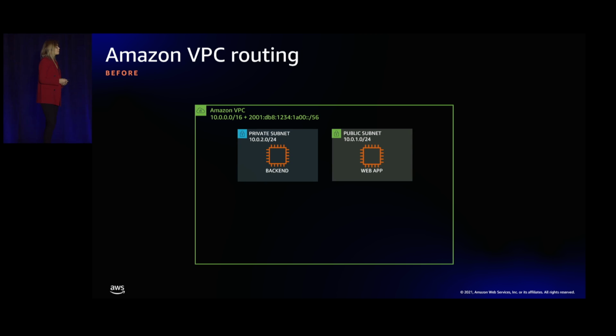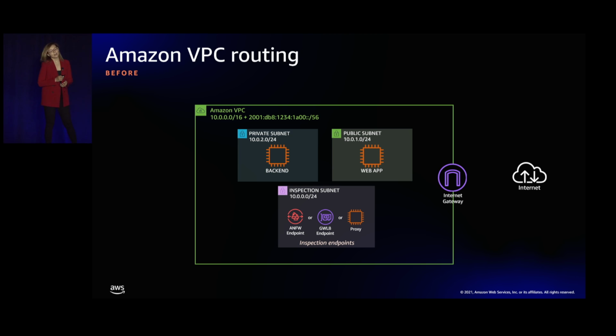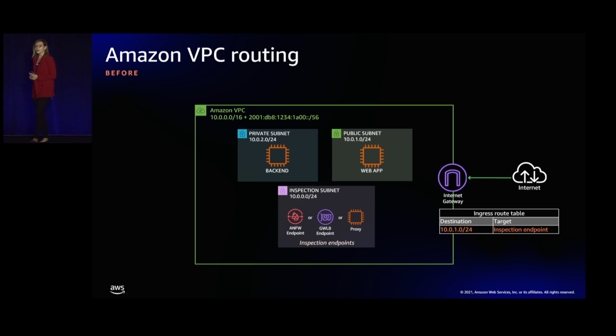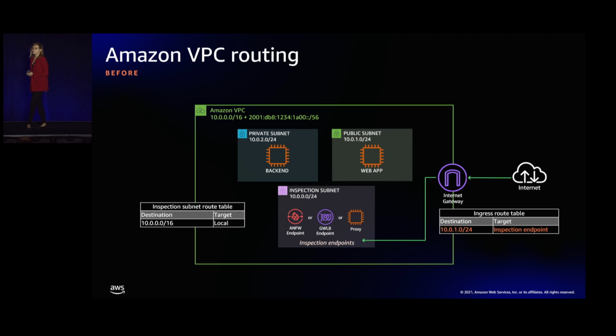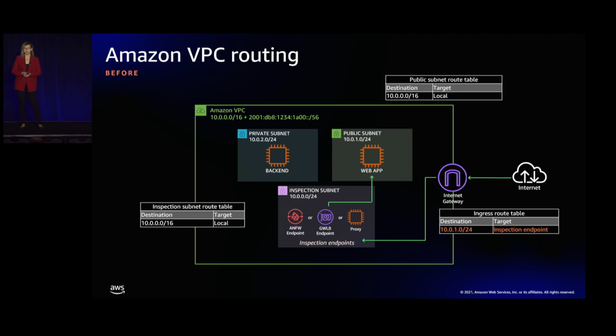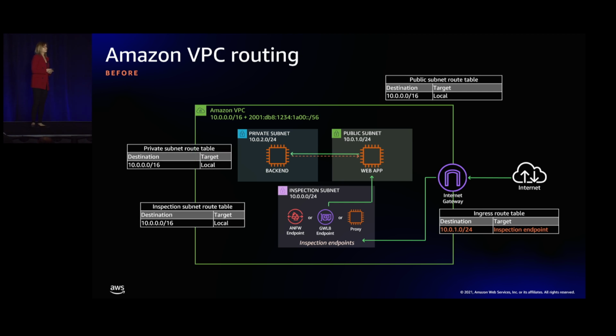What we could do before was, with the help of the internet gateway and the ingress routes on the internet gateway, redirect the traffic that was destined for a public resource in a public subnet to an inspection subnet, where we could make use of AWS Network Firewall or Gateway Load Balancer or any other third party that you would want to use there to inspect that traffic that would go to the public subnet and then further down to the backend.